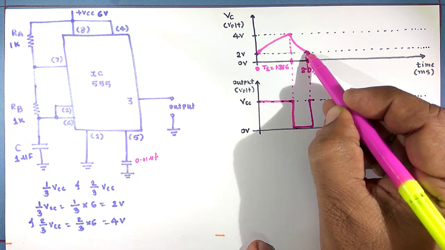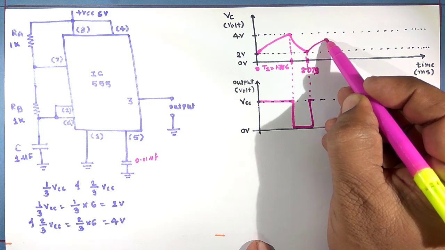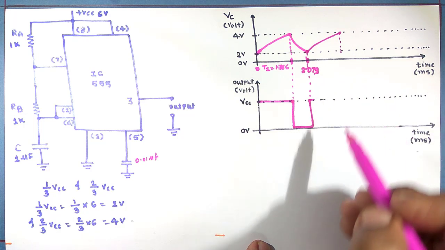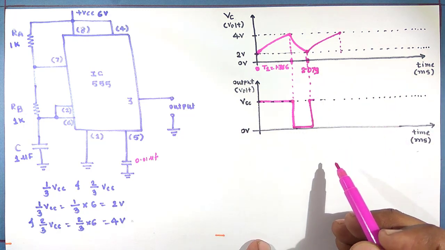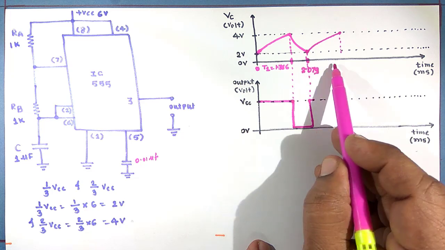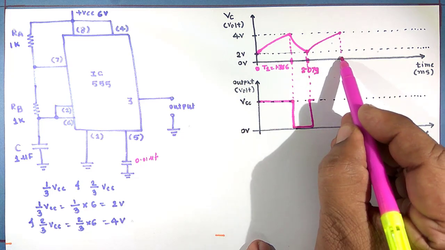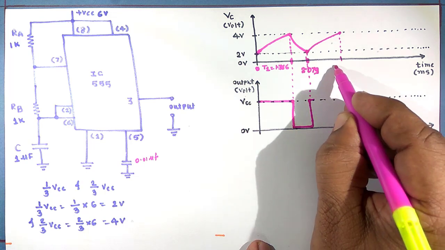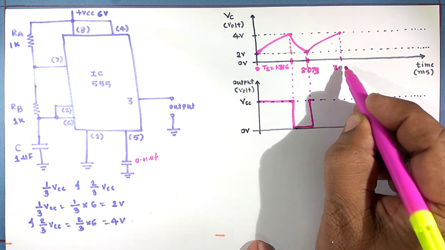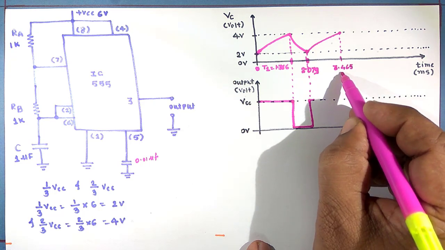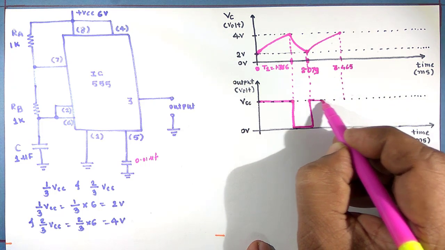Capacitor starts charging from 2 volt to 4 volt and reaches 4 volt again in time 1.386 millisecond. So 2.079 plus 1.386 millisecond will come out to be 3.465 millisecond. For this much time, output is high.